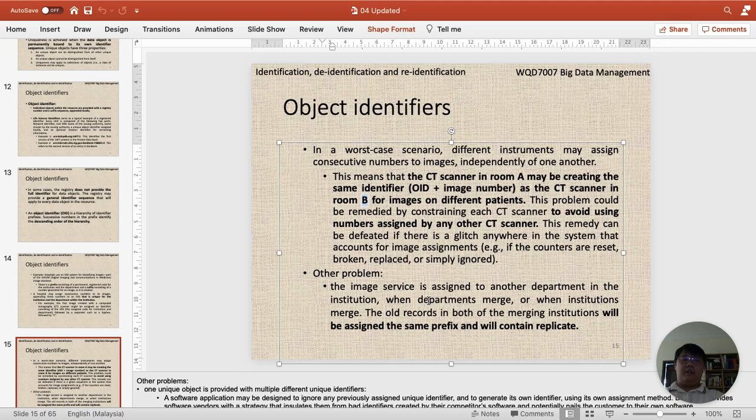But your naming convention, or so-called identifier system, follows the same steps, so you won't be able to differentiate later on whether this particular image is from department A or department B. So these are the things that you need to consider when you are doing the merging. Before you do the merging, what are the extra things you need to do so that your identifier is still valid after you merge it.